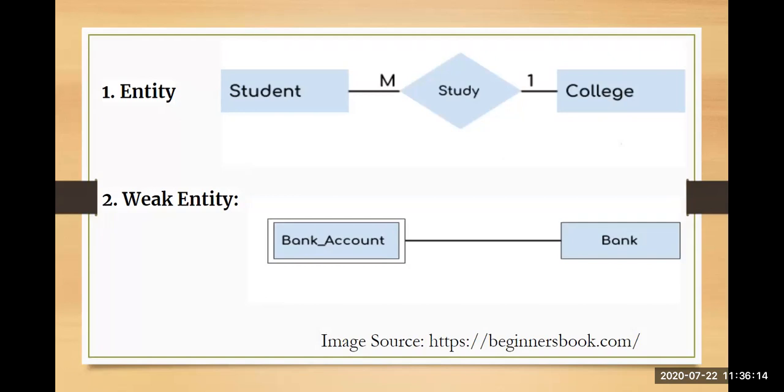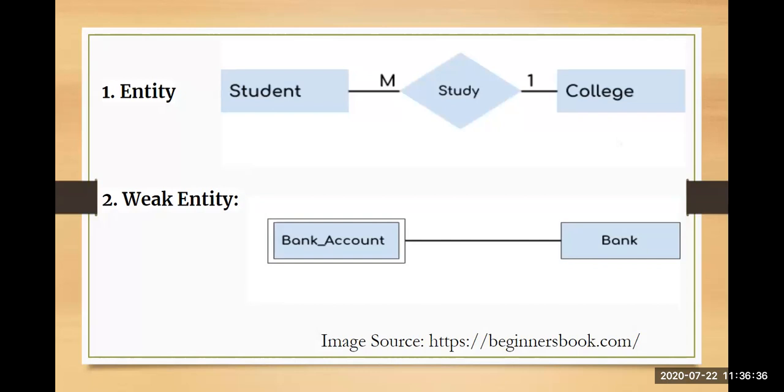Okay. Next is your weak entity. Whenever I talk about a weak entity, it can be defined as an entity that cannot be uniquely identified by its own attributes, and it is always dependent on the relationship with another entity. That is called a weak entity.